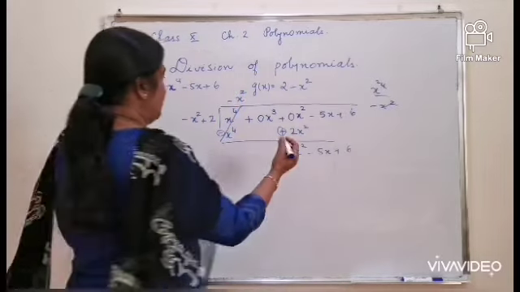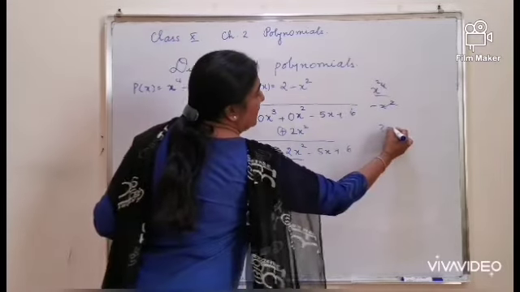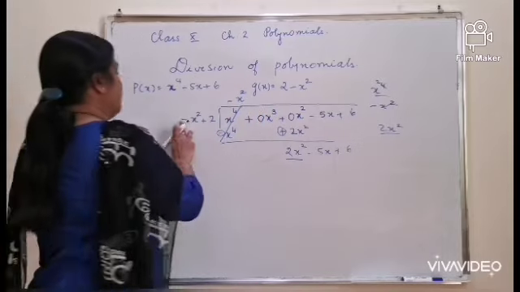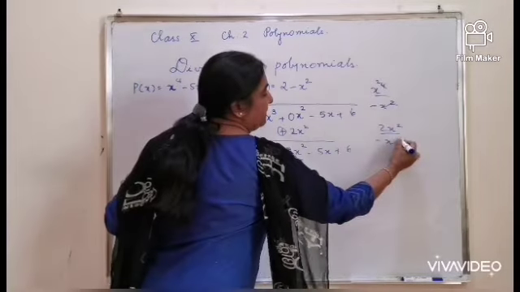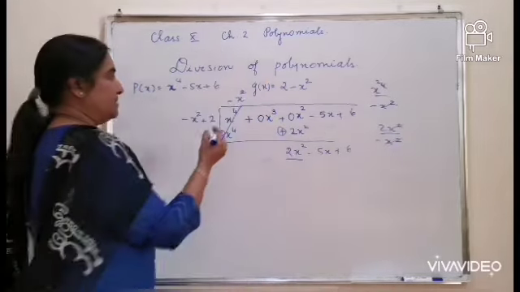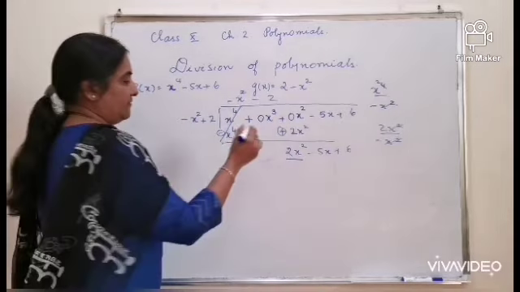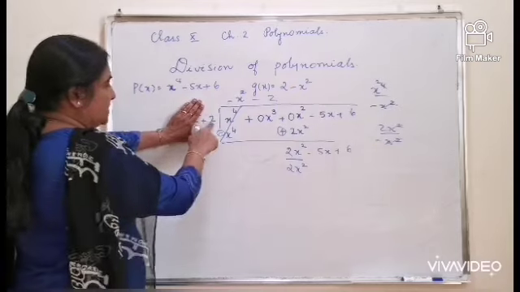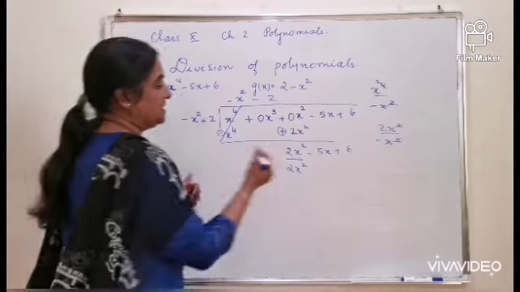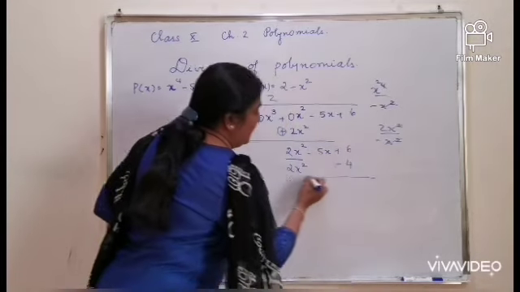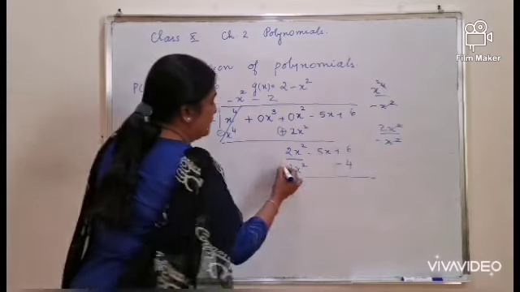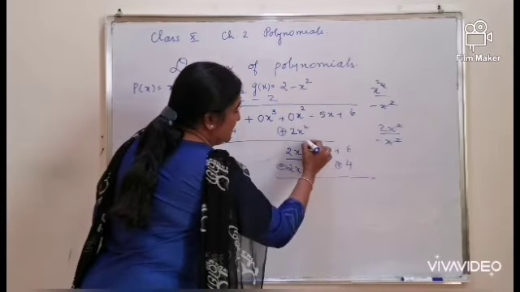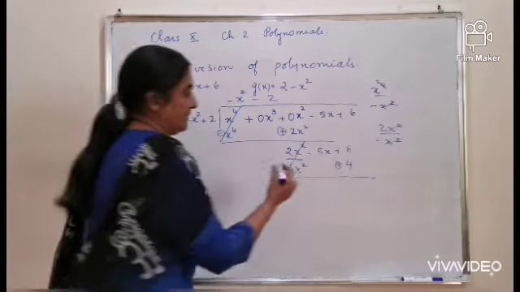Next step again, 2x square divided by minus x square is giving you minus 2. First term remains the same. Second term plus 2 into minus 2 is minus 4. Change, cancel.